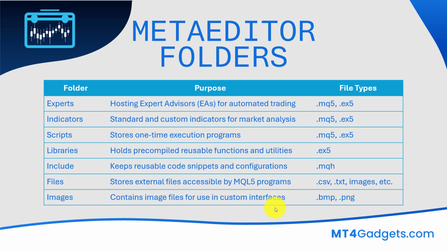Very quickly, what are the folders that you will find in MetaEditor or in the MetaTrader data folder? You've got the experts folder, which is the location to store your trading bots and expert advisors, and the files that you will find in that folder are usually .mq5 or .ex5.